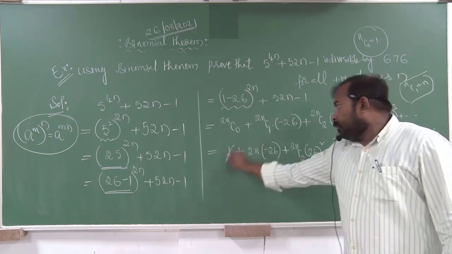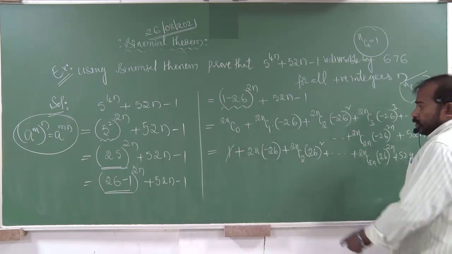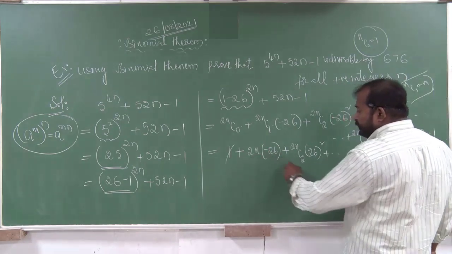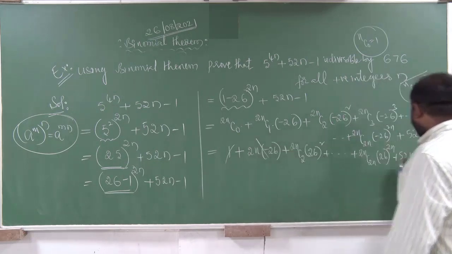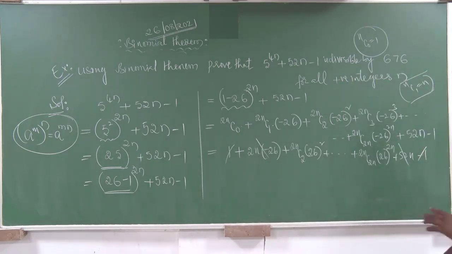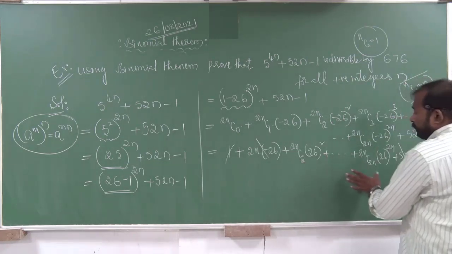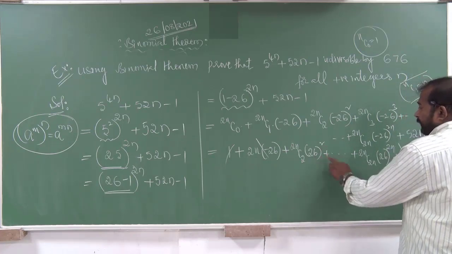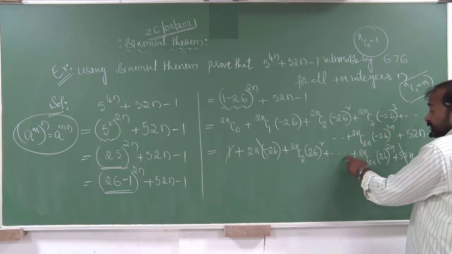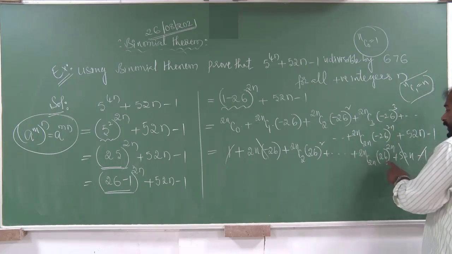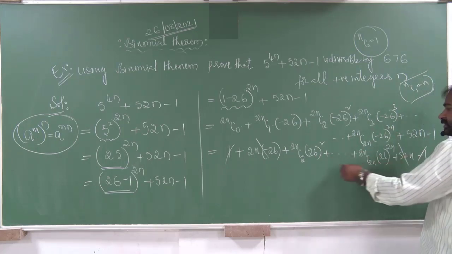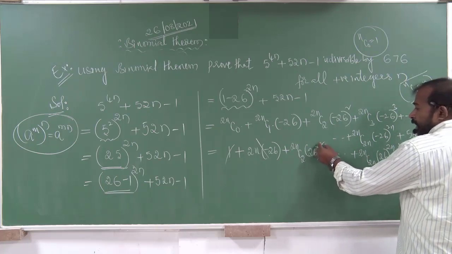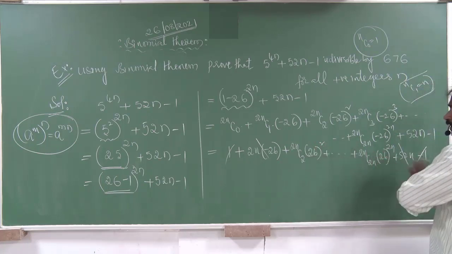Minus 1 plus 1 cancel. 2 into minus 26 minus 52n plus 52n cancel. Now listen. In the rest of all the terms, 26 square you will get, next minus 26 cube, like that up to 26 whole power 2n. That means 26 square is common in every term.